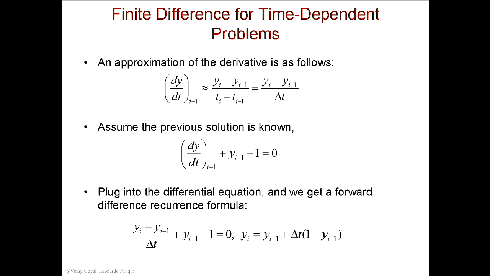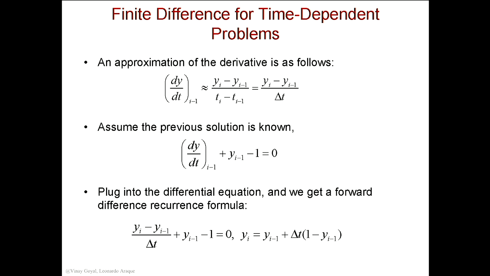If I solve it, I bring this to the right-hand side, multiply by delta t, and isolate y at the current value. What I find is an expression for the current value of y as a function of the previous value of y, and then there's a delta t in there.